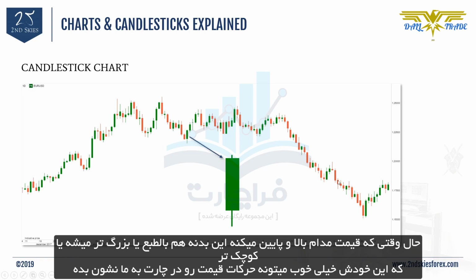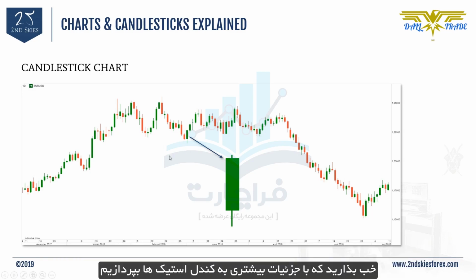When price moves up and price moves down, this body of the candlestick is expanding and contracting, which is very easy to grasp and a very good visual representation of the price movement. So let's move on and have a look at candlesticks in greater detail.